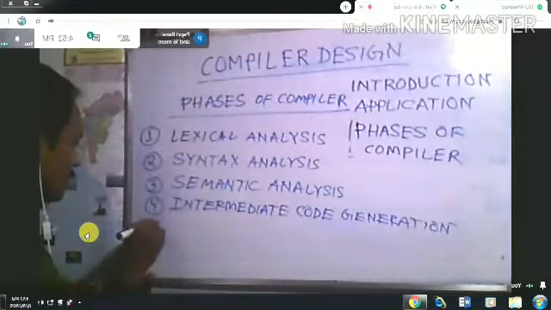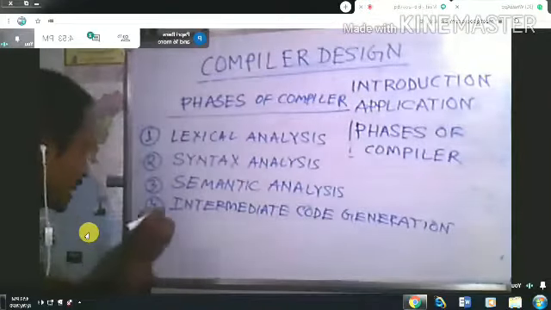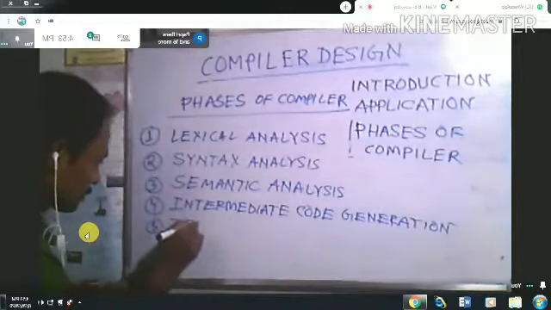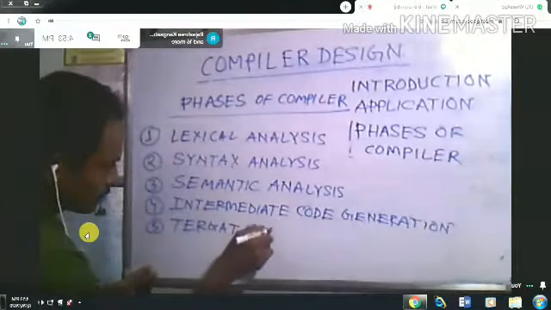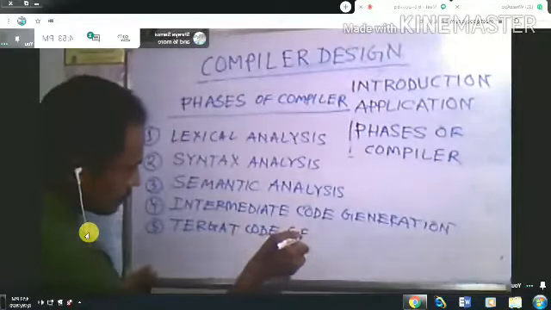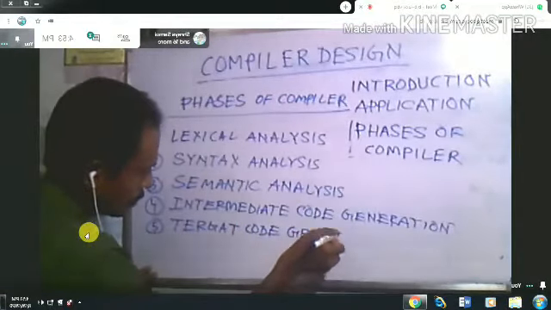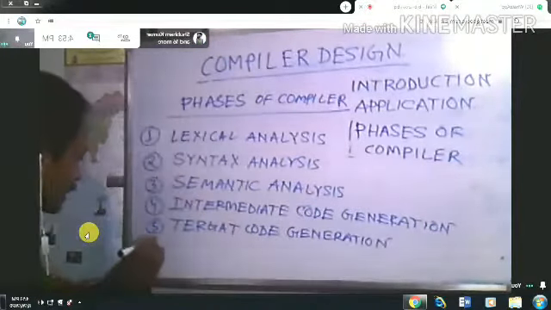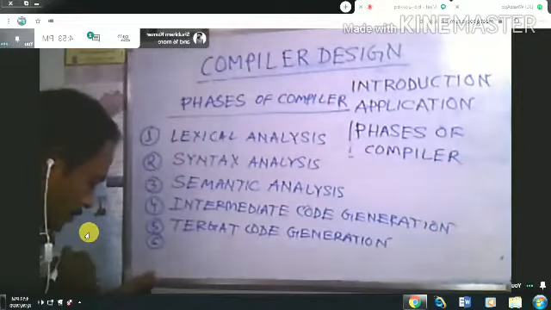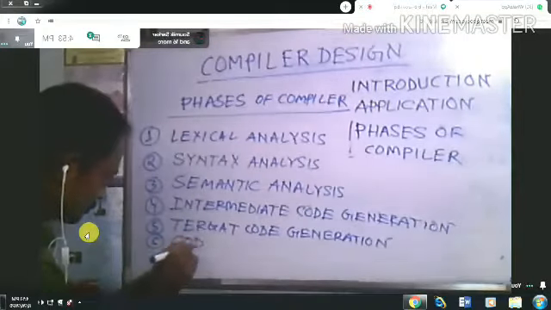The fifth phase is target code generation. And the sixth phase is code optimization.